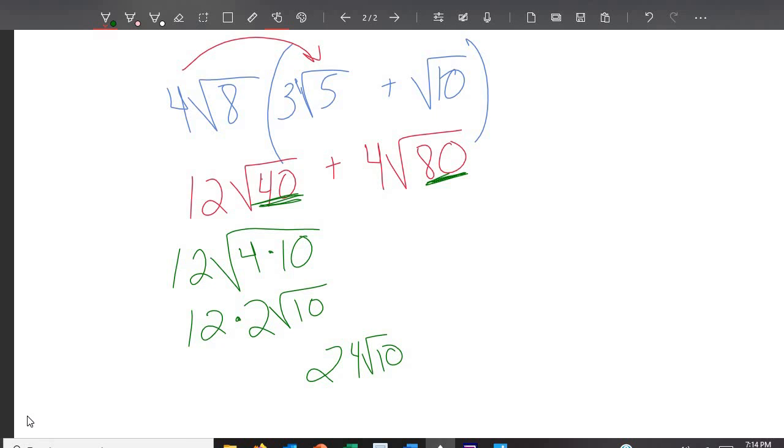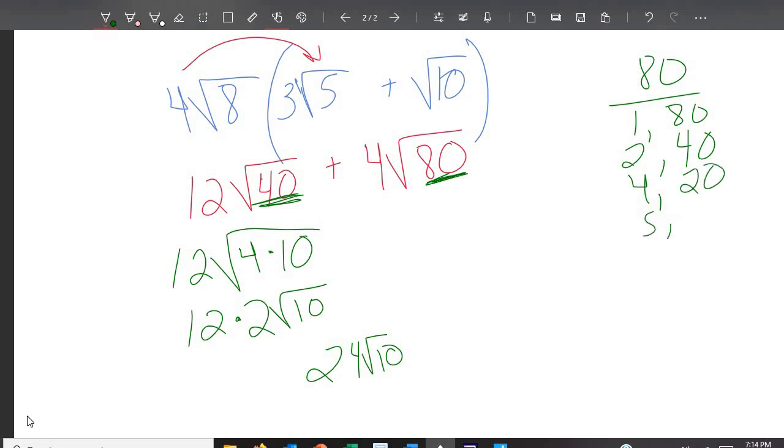So if I list out all the factors of 80, let's just do 80 and see what comes out. Now, I'm looking for the biggest perfect square. 2 and 40, 3 doesn't go in there, 4 and 20, 5 and 16, 8 and 10. So which one is the biggest perfect square? Well, 16.